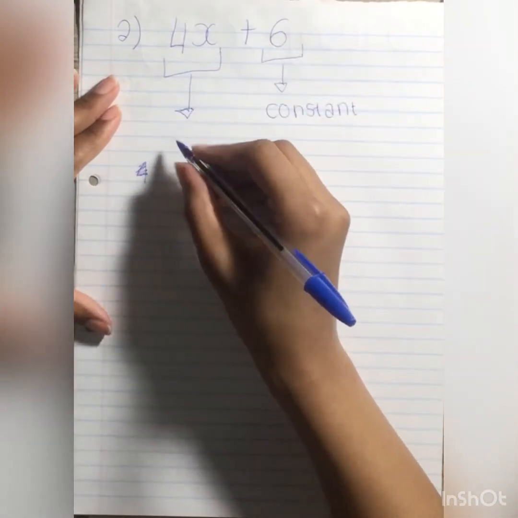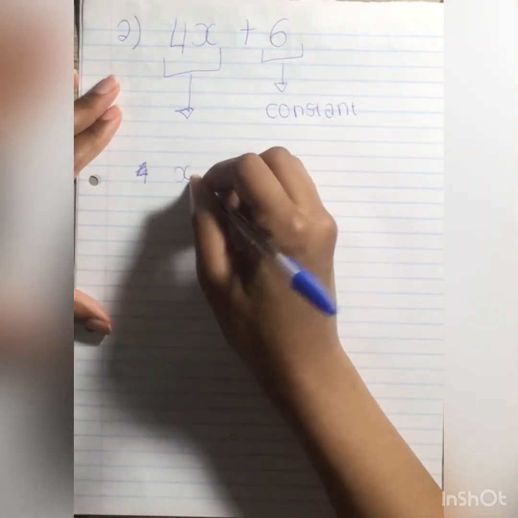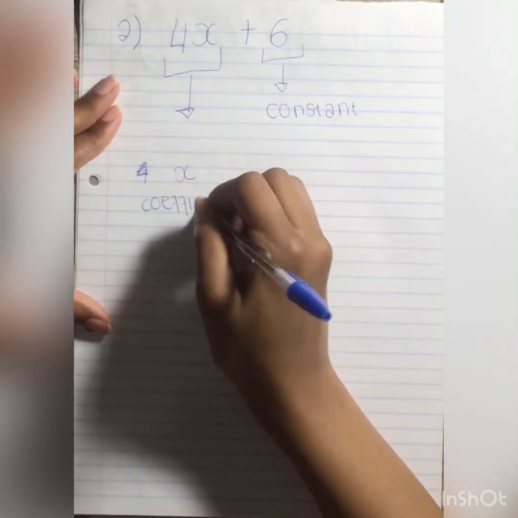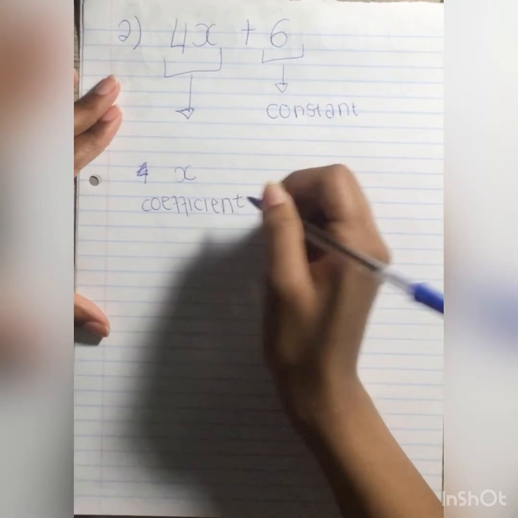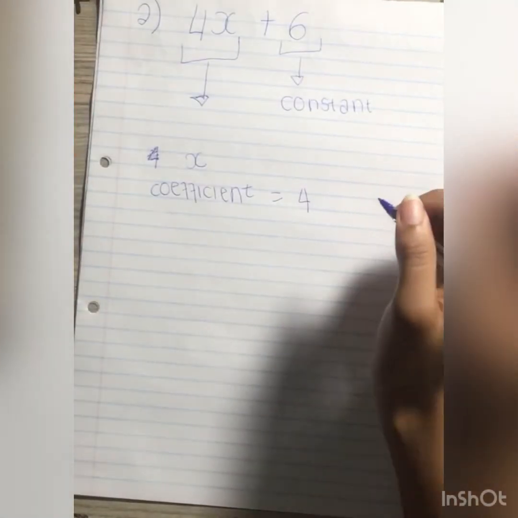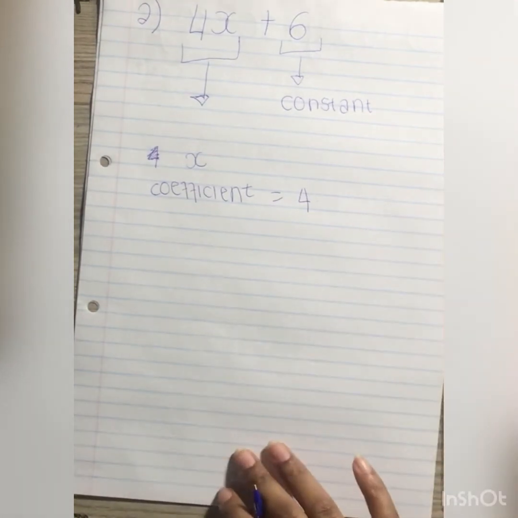So 4x tells us that x has the coefficient equal to 4, whereby the term is x, okay?